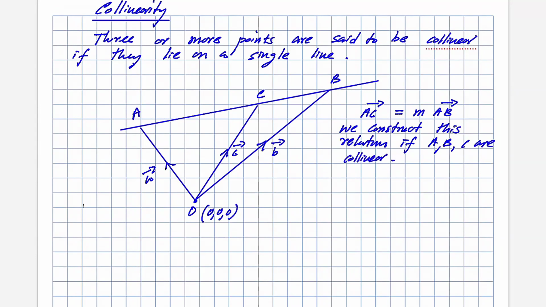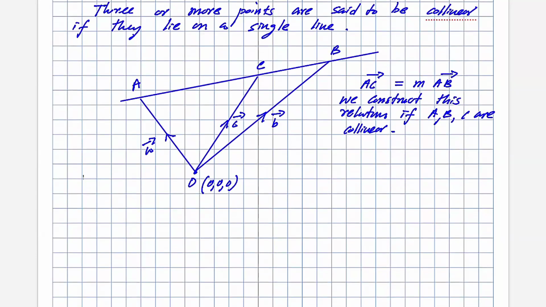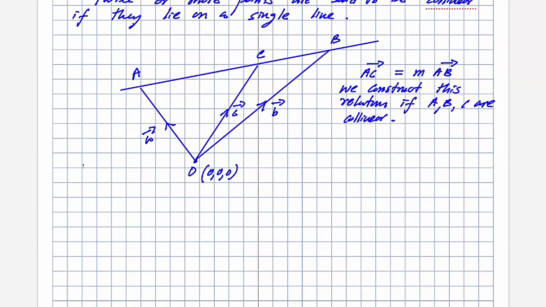If you can find a finite number for M, a valid M number, that will tell us that ABC are collinear. Now let's think about the proof.